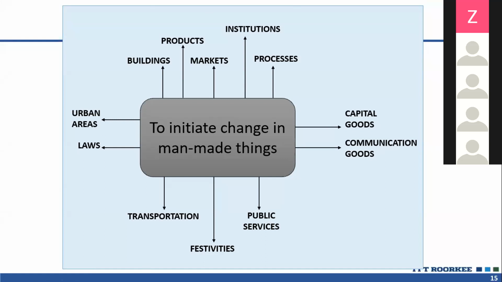We have to foresee those problems that the society might face in the future, and using the current resources, we have to solve those problems. So that is why the design process becomes a little bit more complex.